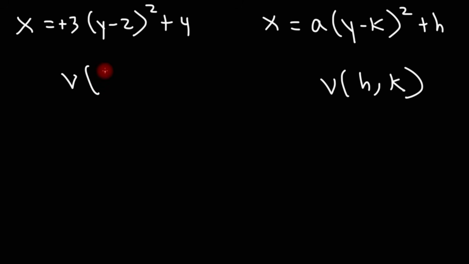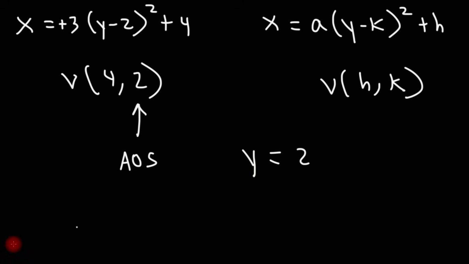Now if you set negative k equal to negative 2, k is going to be not negative 2 but positive 2. So that's our vertex, but because this parabola opens to the right and not up or down, the axis of symmetry is going to be associated with the y value. So our AOS is going to be y is equal to 2. It's going to be horizontal instead of vertical.